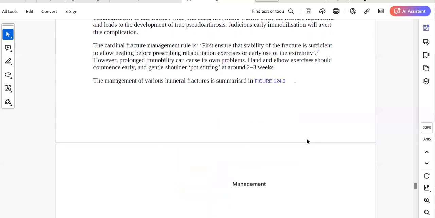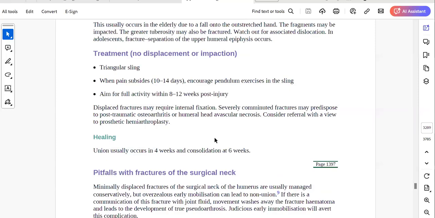You don't have any queries? Okay, sorry, I think John Murtagh or the Adobe Acrobat is having some problem today.